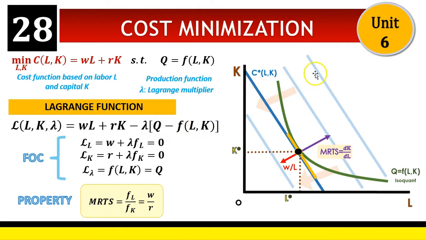From the first order conditions, with respect to labor, capital, and lambda, we will obtain a very important property, which is that the marginal product of labor divided by the marginal product of capital is equal to the ratio of the wage divided by the rental rate. This is known as marginal rate of technical substitution. Let's apply that concept in the next example.